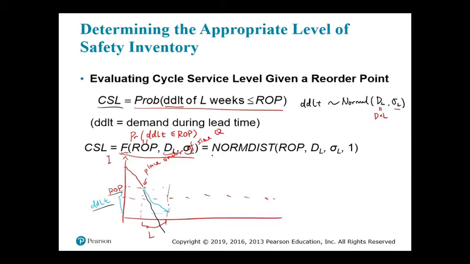And you can calculate this value in any software or programming language. In Excel, you can easily calculate this value using the NORM.DIST function.